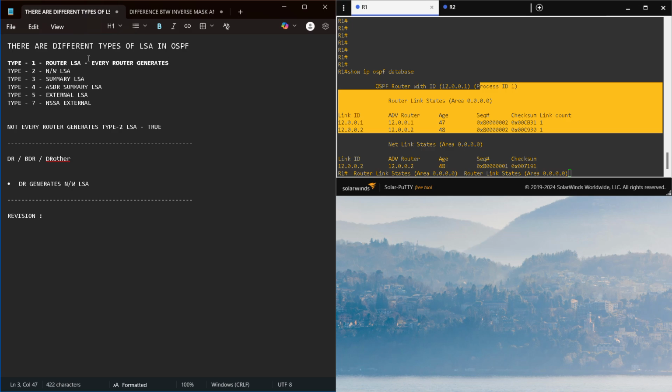Starting, there are 11 types, but this is what we'll immediately study here. The very first is router LSA. The fact about that is every router generates our router LSA. Then we have the second one, our network LSA. The fact about that is only the designated router generates this network LSA, right?